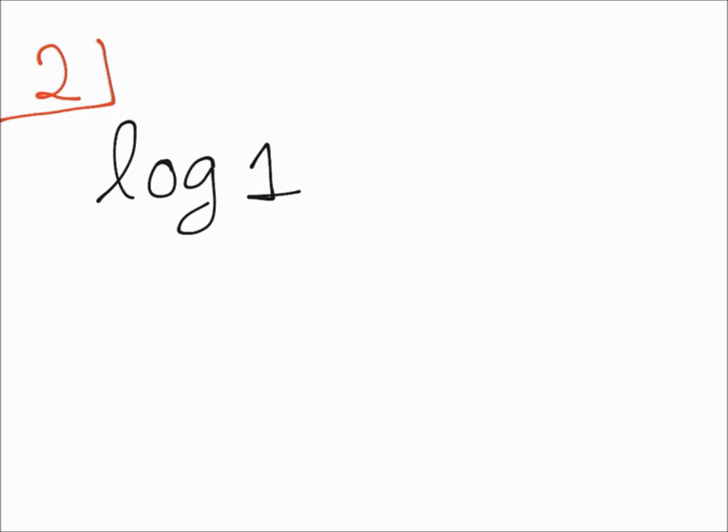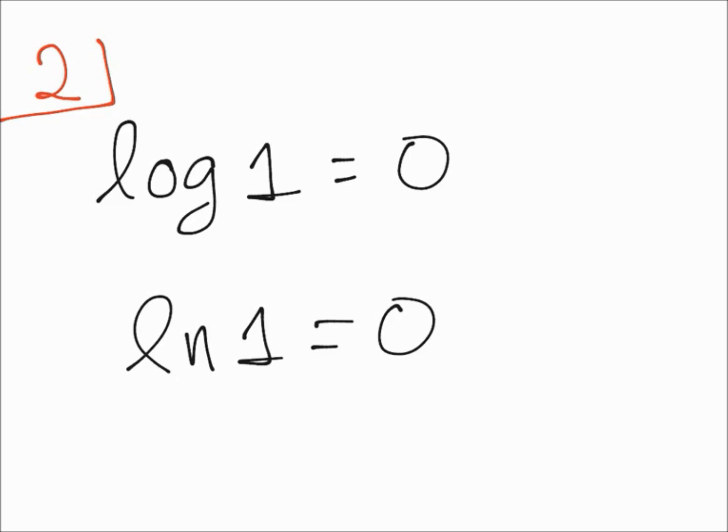Rule number 2, a logarithm of 1 will always be 0. It doesn't matter which subscript it has, the logarithm of 1 will always be 0. So ln of 1 will be 0 too. So whenever the superscript is 1, the value will be 0.